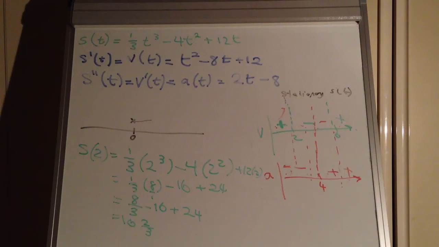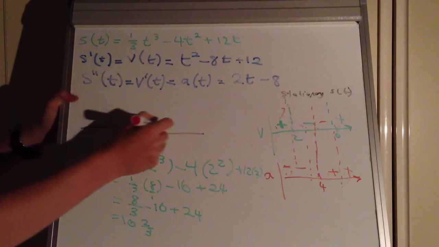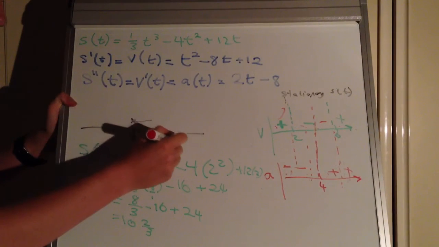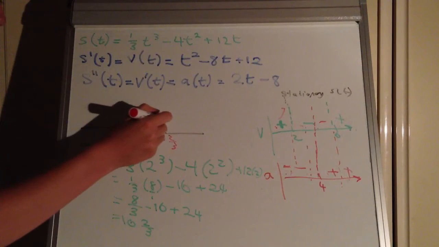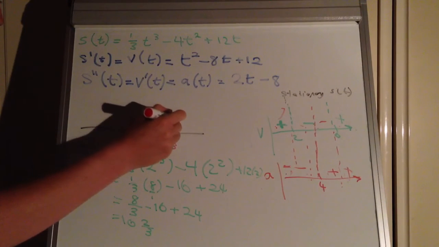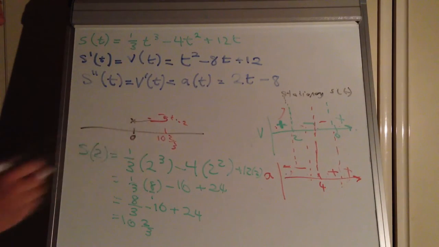It does make sense in context. So I'm just going to continue, and I'm pretty sure I'm right. That means we have a point here, 10 2/3, at which the motion turns around. That's t equals 2, and it's going to go back the other way.